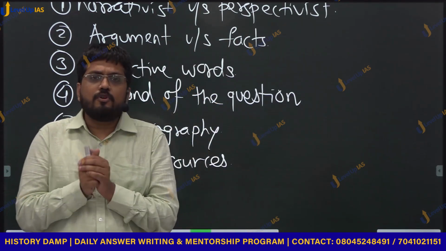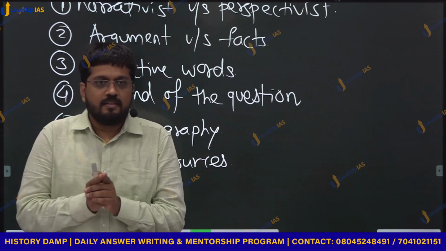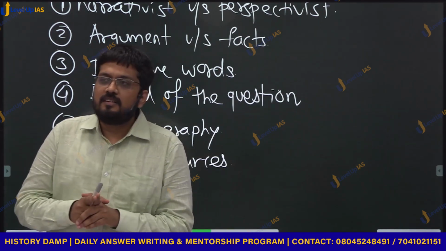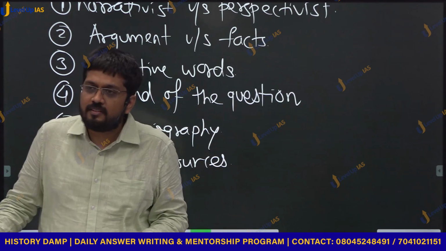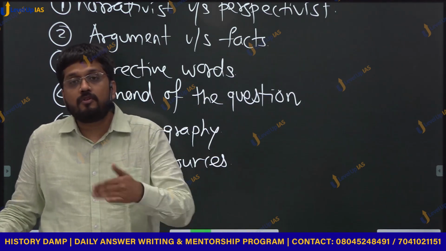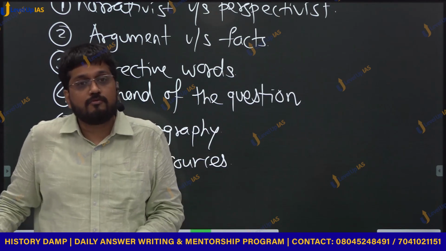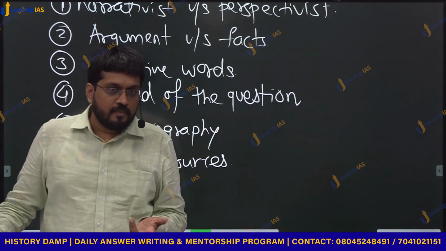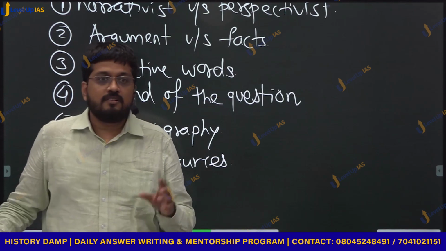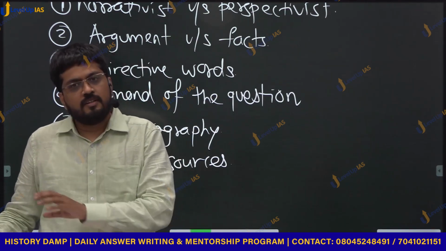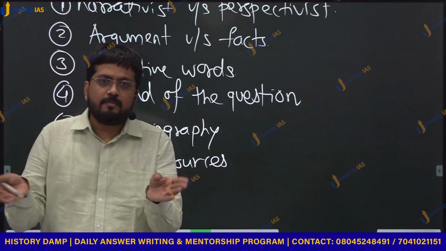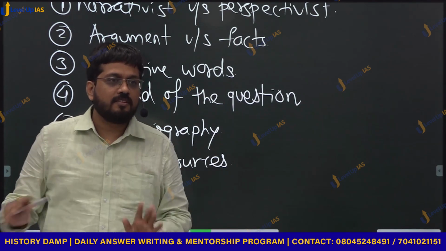Then sometimes you see what is the most important aspect in the history optional that is not very much necessarily present in GS is you have to bring out causality or causation. Now, causation of what kind? It may vary. Human agency or not, or is it structural, materialist, idealist? It can be any kind of causation. All the debates come back to the same thing, causation debate.